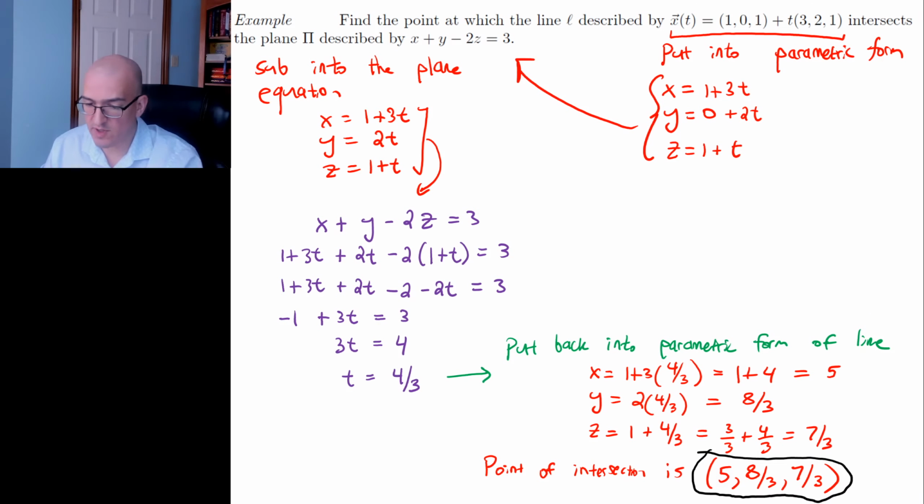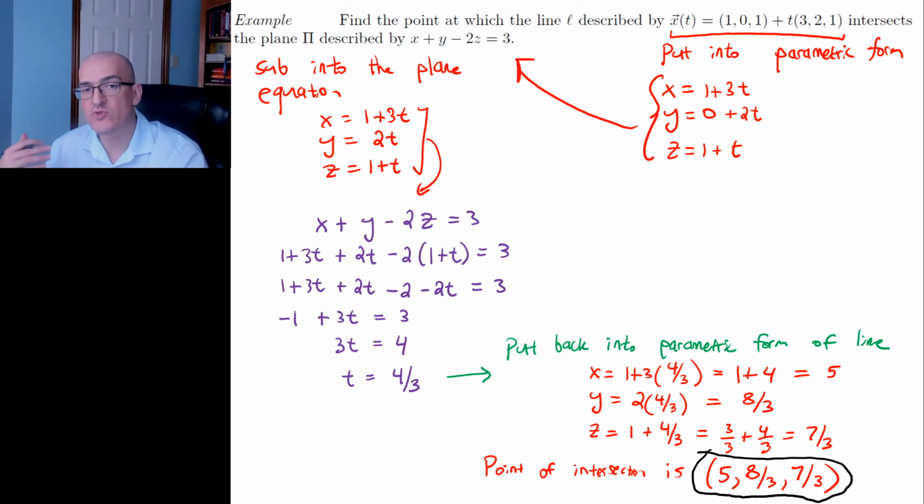I guess I'll point out one possible difference: what happens if the plane is not written in standard form? What if it's written in point normal form? Well, you'd have to convert to standard form and then do this. Likewise, if the line is not described in point parallel form, maybe it's described in 2-point form, I'll first go from 2-point to point parallel and then put it into parametric.